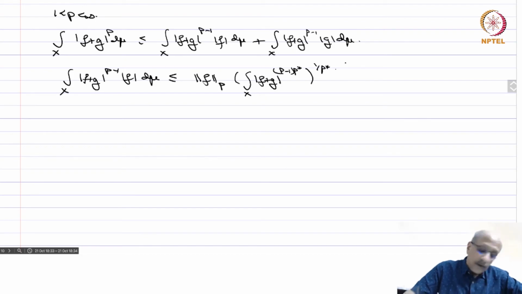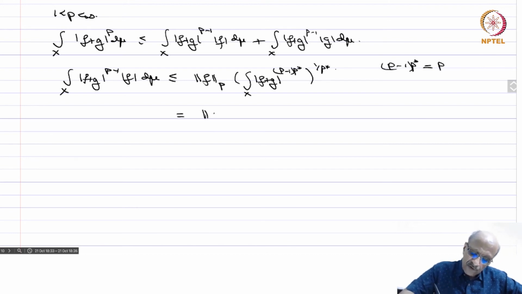So mod f, but p minus 1 into p star is p p star minus p star, which is just p. So this is equal to norm f_p into the norm of the integral of mod f plus g to the power p, whole power 1 by p star.